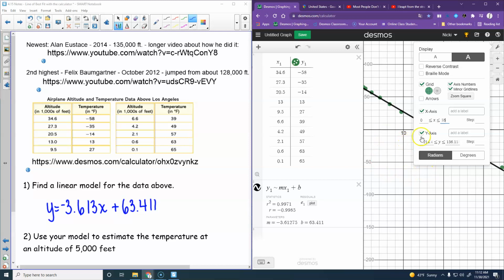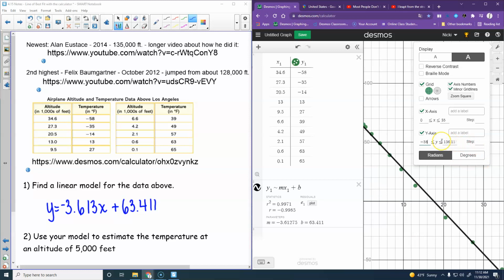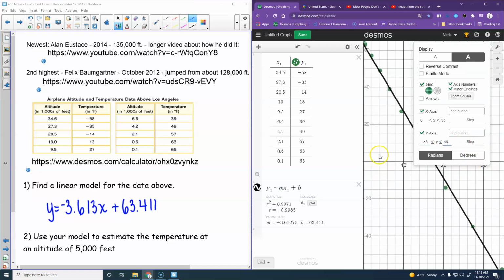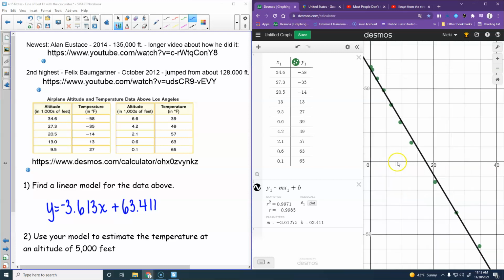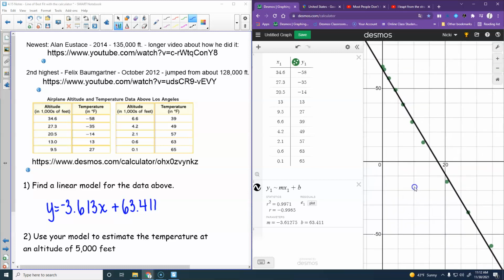And then for my y, my lowest number is negative 58. My highest number is 65. And then you probably want to zoom in just a little bit from there, and it'll give you a nice picture.